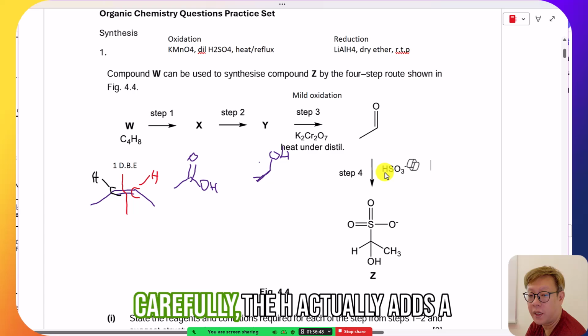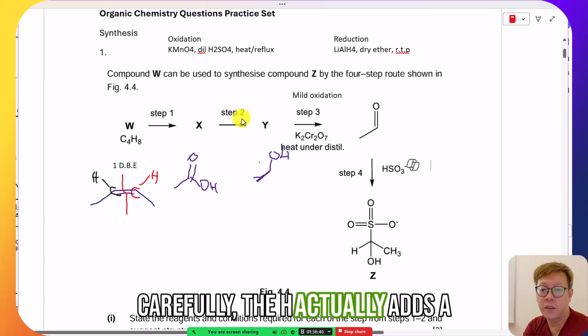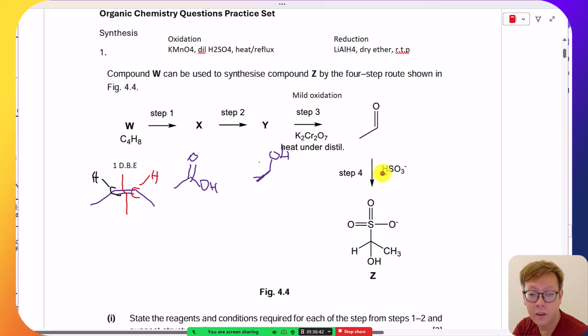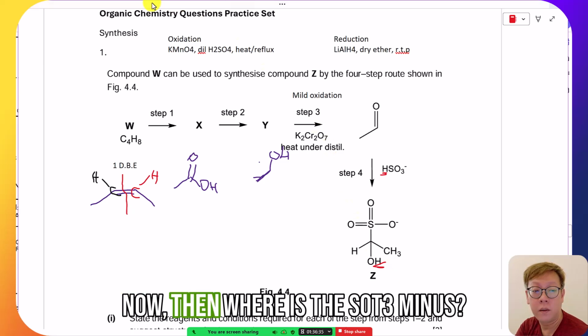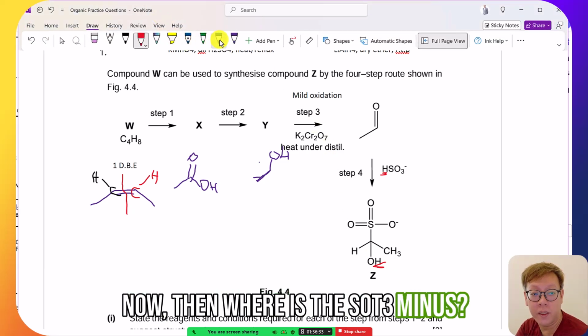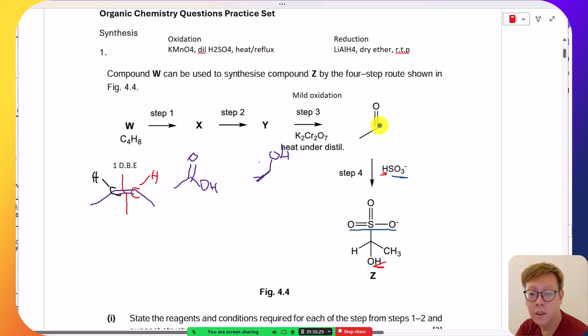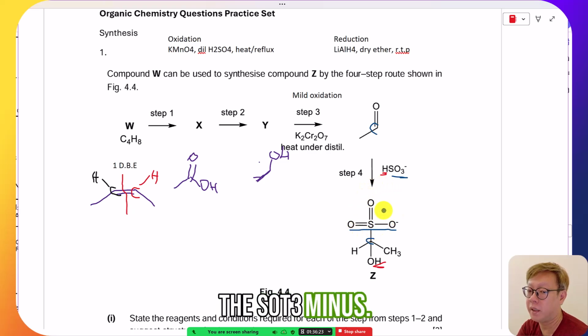Now, if you look carefully, the H here adds across to the O. Can see? Now, where is the SO3 minus? The SO3 minus adds across to the carbon. You see, this carbon gains the SO3 minus.